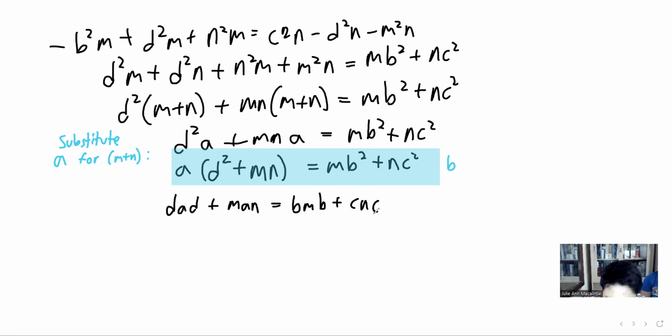So we get a much easier to remember formula. And this is called Stewart's theorem. So I actually proved the theorem here.